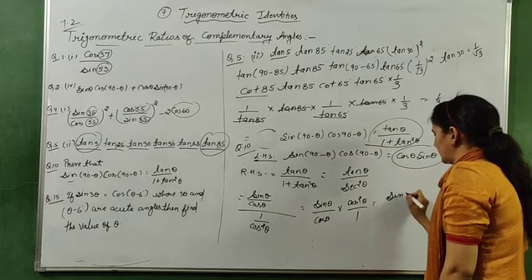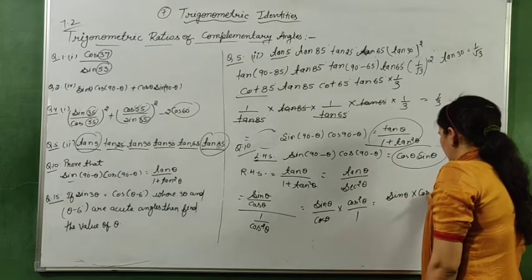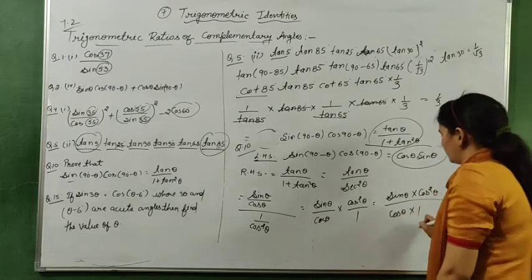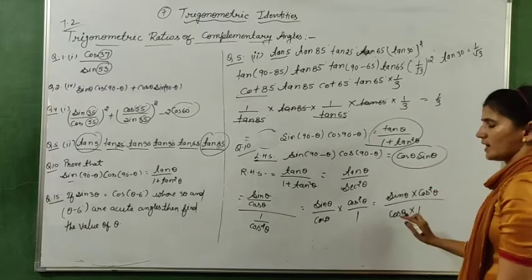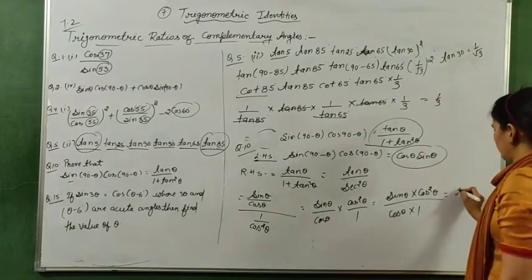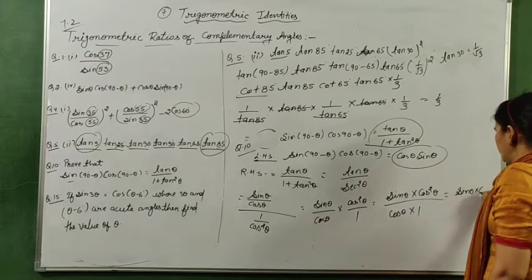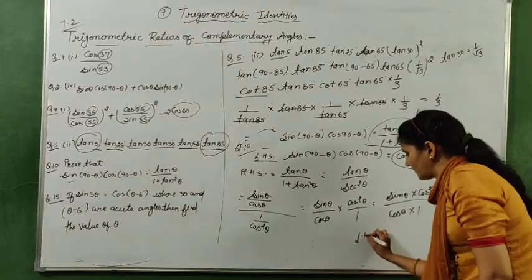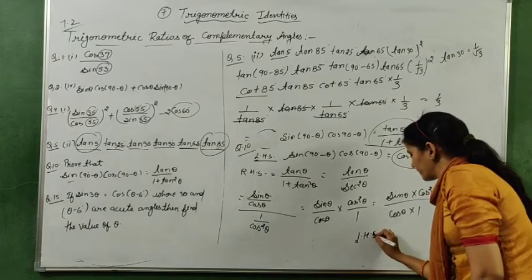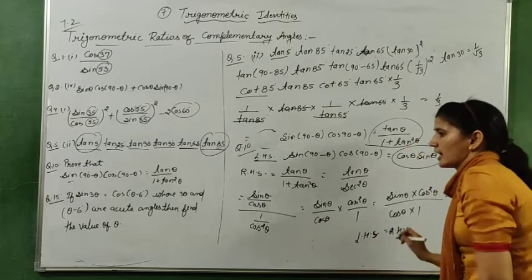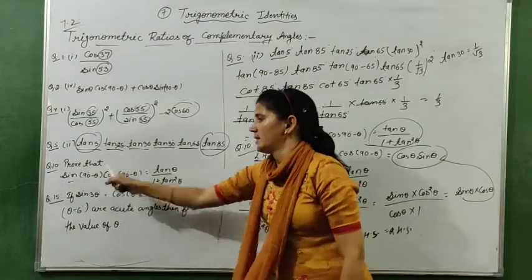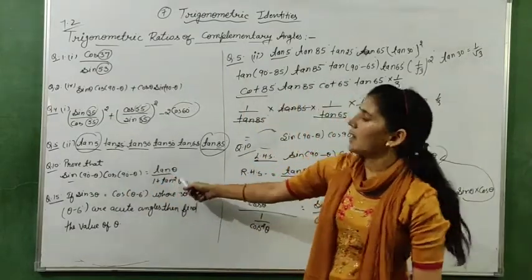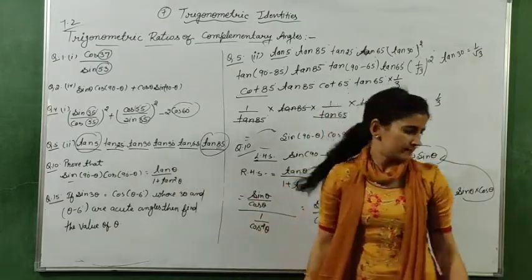That is equal to sin theta into cos square theta upon cos theta into 1. So cos square theta cancels with cos theta, and we will get sin theta into cos theta, and this is our left hand side. It means left hand side is equal to right hand side. So hence proved that sin of 90 degree minus theta into cos of 90 degree minus theta is equal to tan theta upon 1 plus tan square theta.